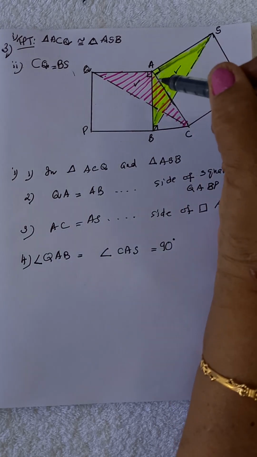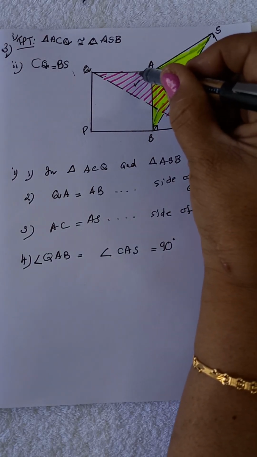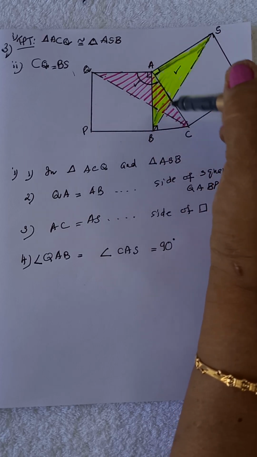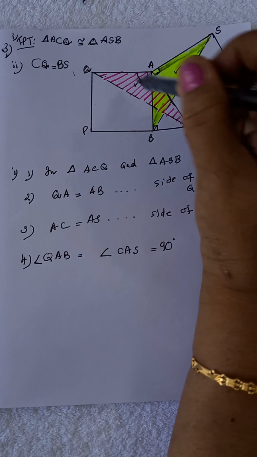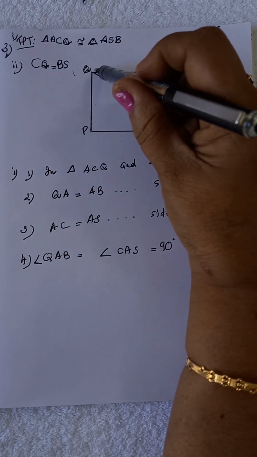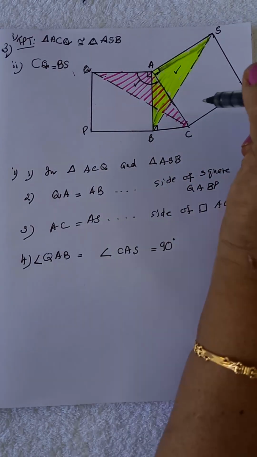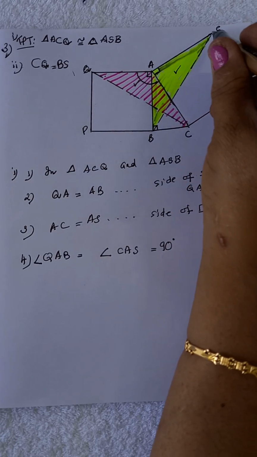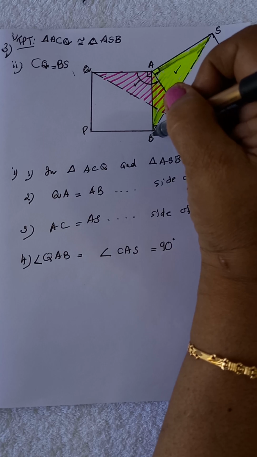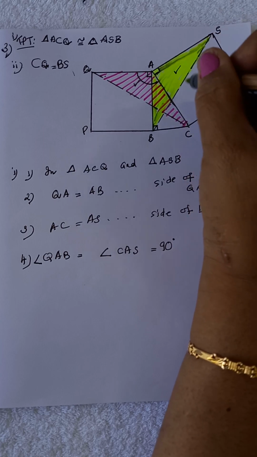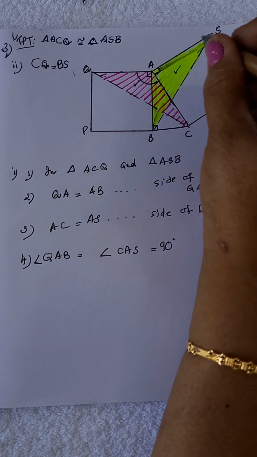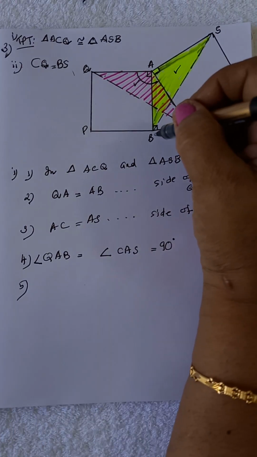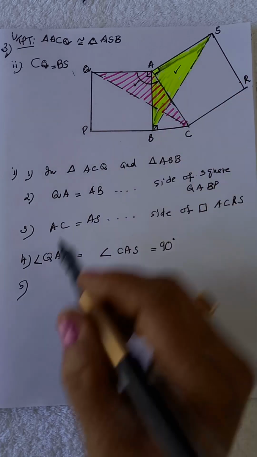Again, in order to get this much measurement, we have to add angle BAC to this angle QAB. Again, in order to get angle BAS, we have to add angle BAC to angle CAS. So we can add angle BAC to both sides.